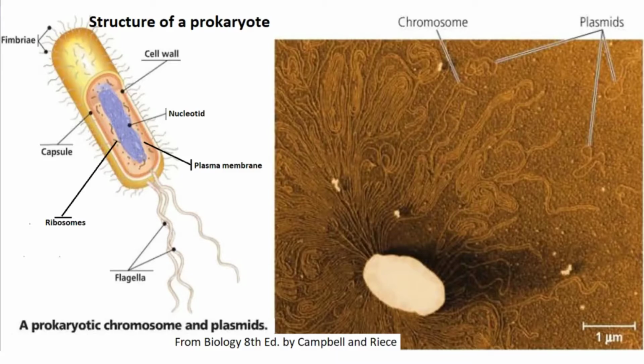They have circular chromosomes, which are plasmids, but the DNA itself, the noodle in the middle, is also circular. So it's all circular DNA inside. Any questions so far?